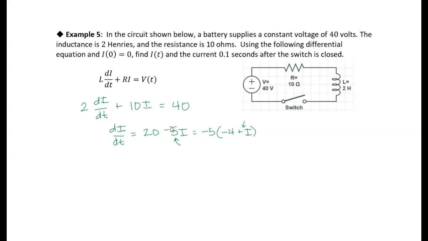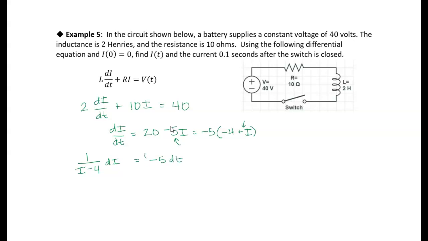And the reason is I don't have to do any kind of U substitution and keep track of a lot of constants when I integrate. So let me show you what I mean. So now that we have this rearranged, I can write this as 1 over I minus 4 di, okay? And then on the other side, I'm going to have minus 5 dt.